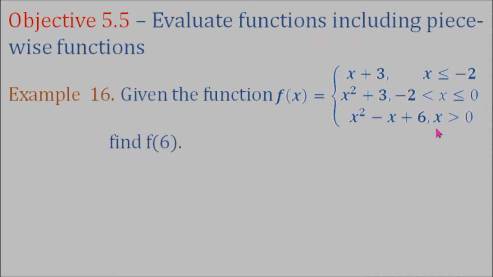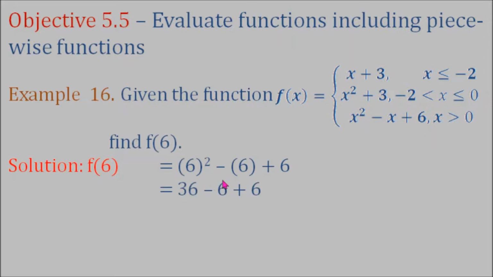Meaning to say we are going to evaluate the function x squared minus x plus 6 at x equals 6. So we have f of 6 equals 6 squared minus 6 plus 6. 6 squared is 36 minus 6 plus 6. So our answer here is 36.